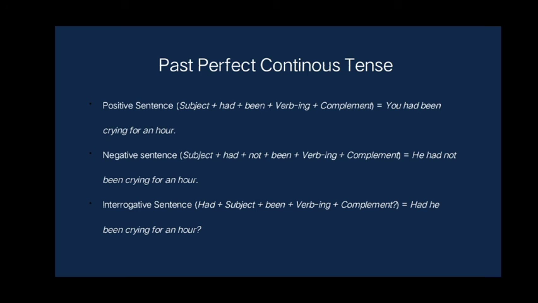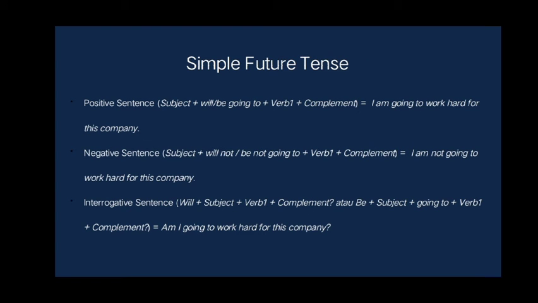The next is simple future tense. Simple future tense is usually used to show an action or a situation in the future. The formula for a positive sentence is subject plus will or be going to plus verb 1 plus complement. For example, I'm going to work hard for this company.